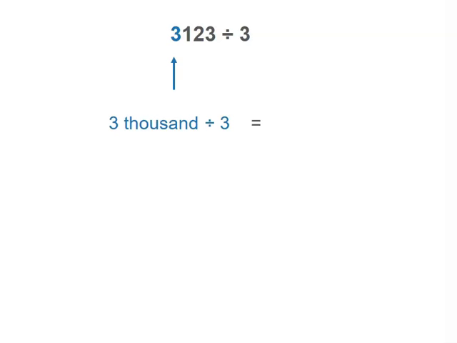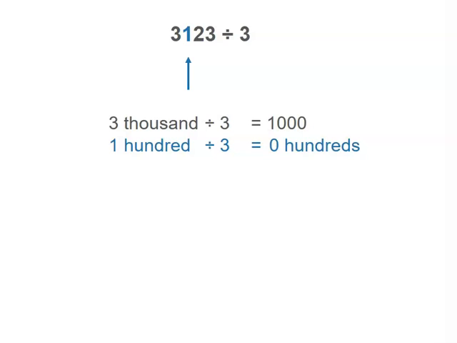If we've got 3 thousands shared between 3, they can have 1,000 each. So that's 1,000. Our next column, or place, is the hundreds. We've got 100 to share among 3, and we can't share 100, so they can't get a whole number of hundreds. So we put a 0 there, 0 hundreds.